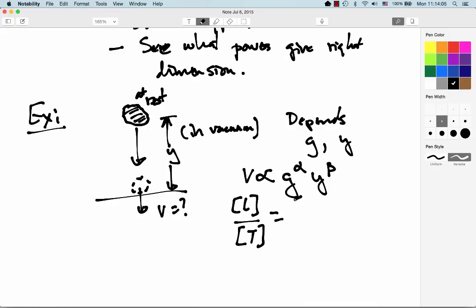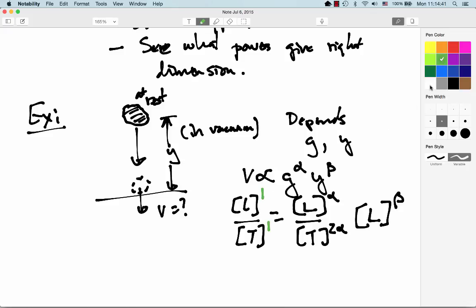g has dimensions of length over time squared, but we're going to raise this to the alpha, so this is length to the alpha times time to the 2 alpha. Similarly, y has dimensions of length, and then we're going to raise that to the beta. So now if we go and take a look at our powers over here, the powers here are both 1.